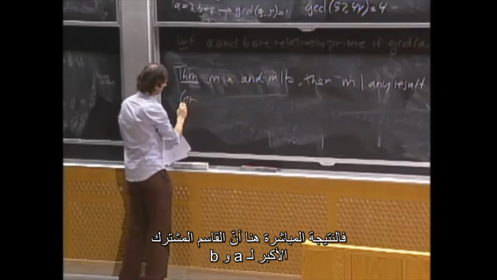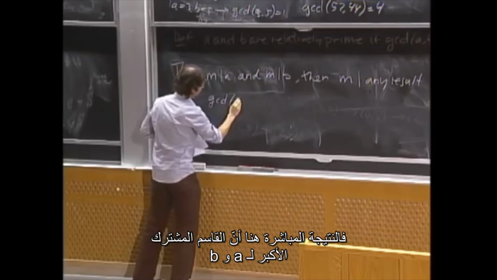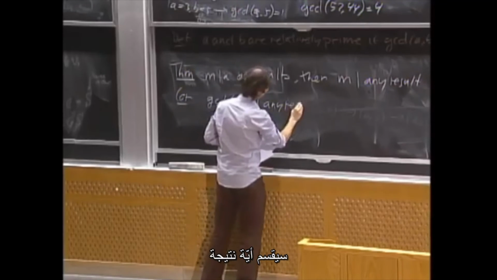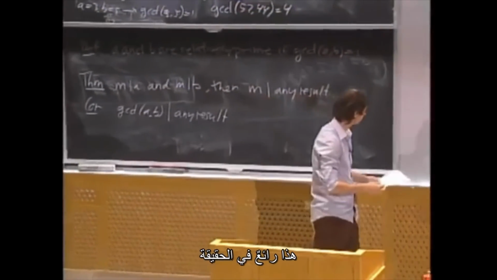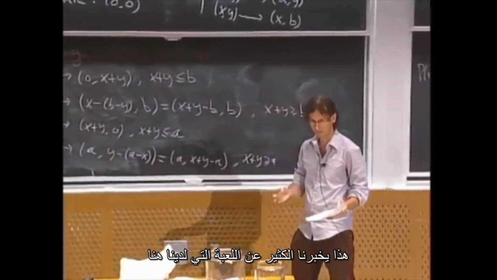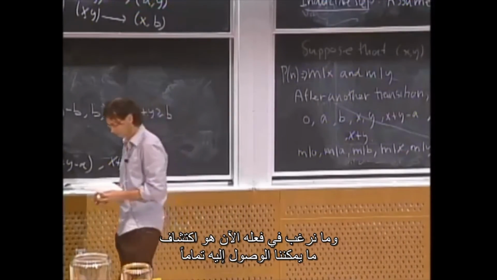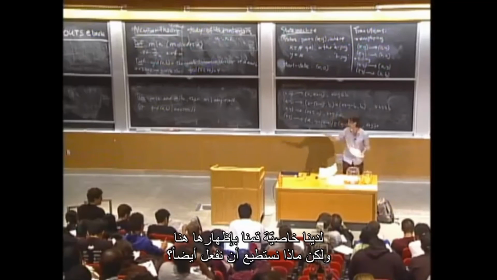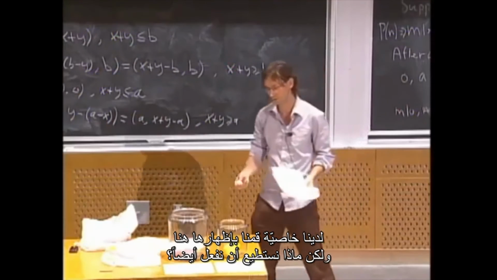So the corollary here is that the GCD of A and B divides any result. Okay, so that's really cool. So this already tells us quite a bit about this game that we have here. Now what we would like to do is to find out what exactly can be reached.